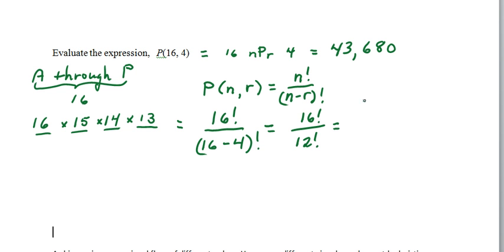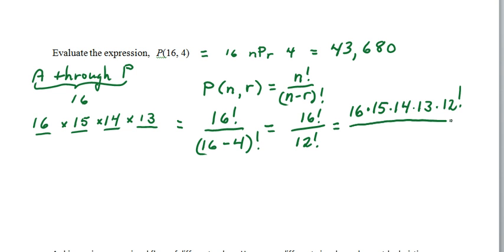And what we notice is if we write out the 16 factorial, we'll get 16 times 15 times 14 times 13 times 12 factorial. That'll take 12 times 11 times 10 times 9 times 8 times 7 times 6 times 5 times 4 times 3 times 2 times 1.